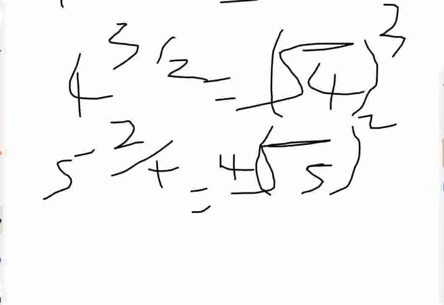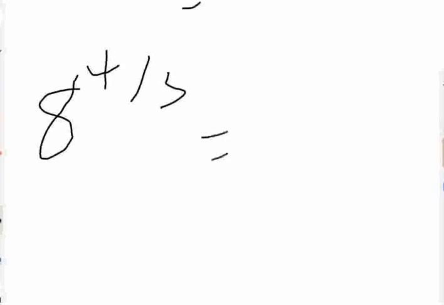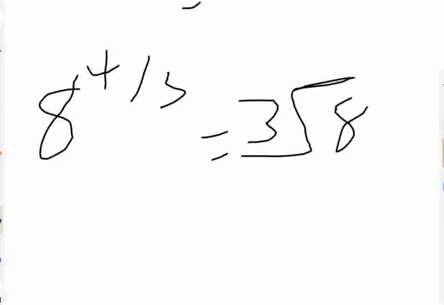Does that make sense to you? Say if we have again 8 raised to the power 4 over 3, this is equal to the cube root of 8 to the power of 4.